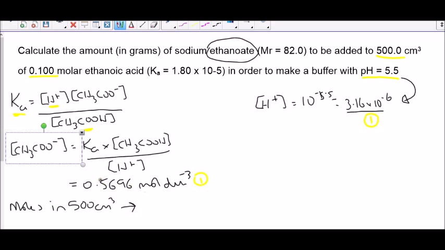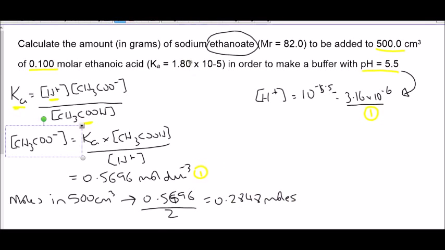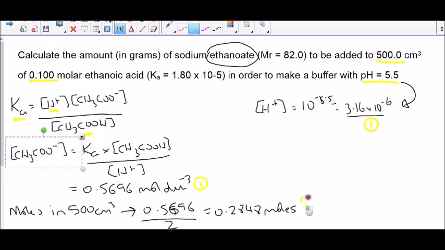If you were making up 1 decimetre cubed of solution, you'd be dissolving 0.5696 moles in 1 decimetre cubed. We're only making up 500 centimetres cubed, which is half a decimetre cubed, so we're only going to need half the amount. Okay, so in that 500 centimetres cubed, we're going to dissolve 0.2848 moles. Maybe get a mark for that.